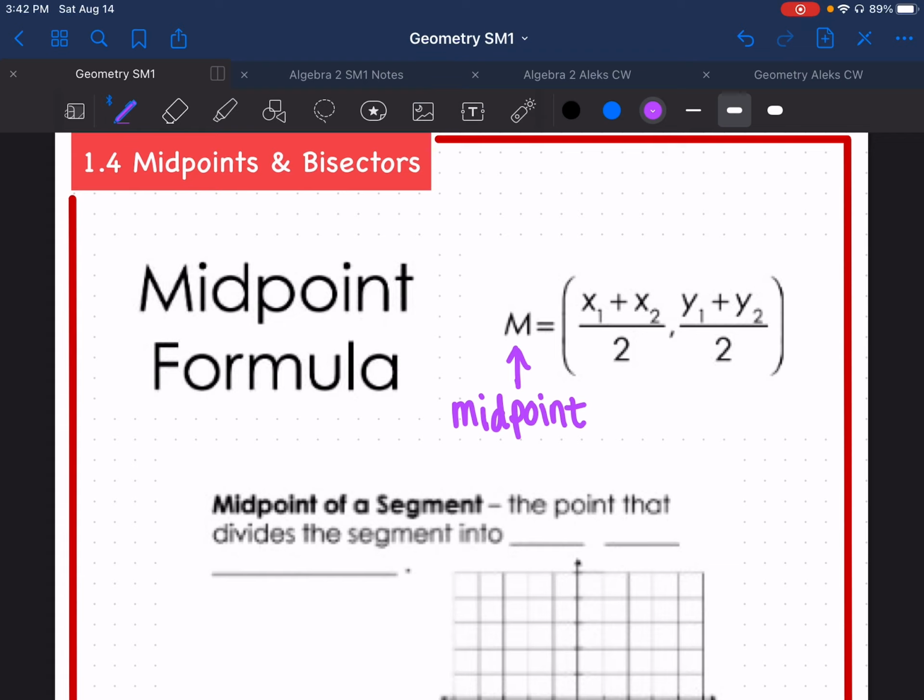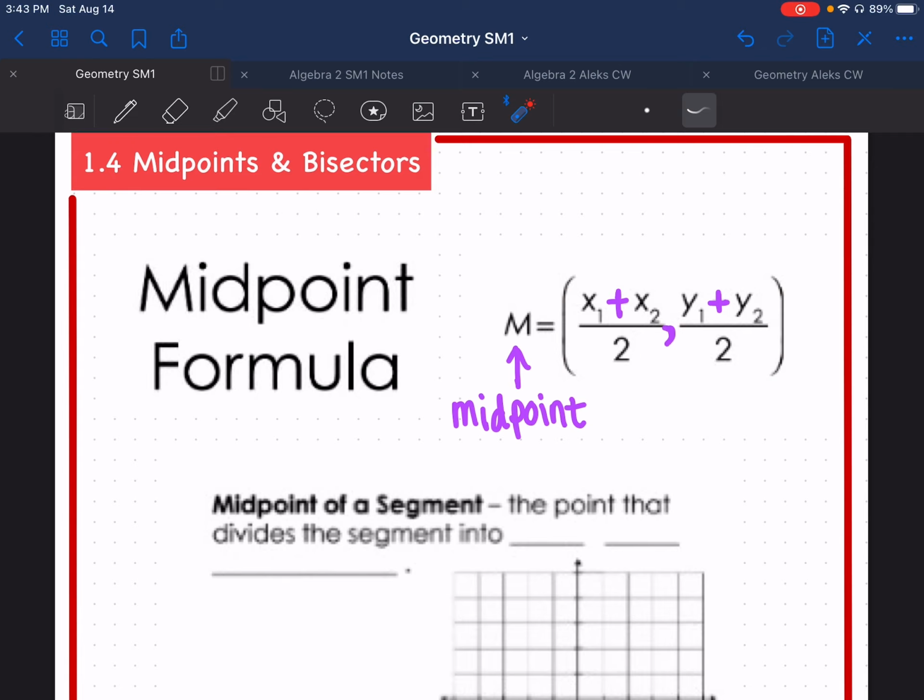To find the midpoint, all I have to do is take my two x values, x1 and x2, add them together, and divide by 2. Notice there's a comma in here because I'm doing an ordered pair. I take my y values, y1 and y2, add them together again and divide by 2. Notice that it is an ordered pair, so you have that structure of the parentheses and, of course, the comma in the middle.